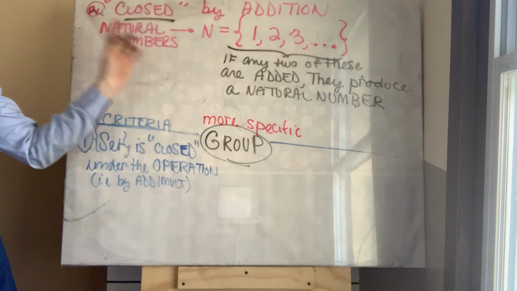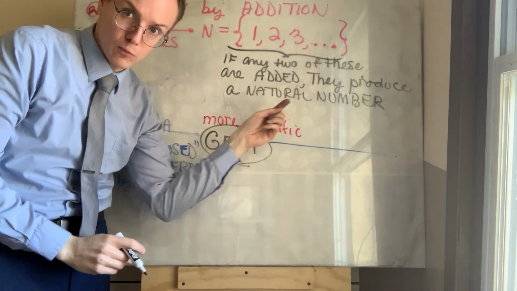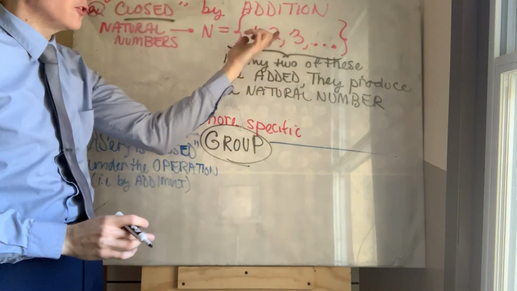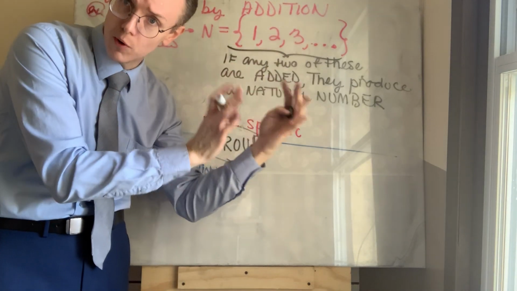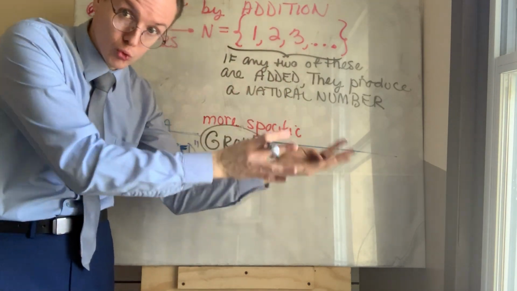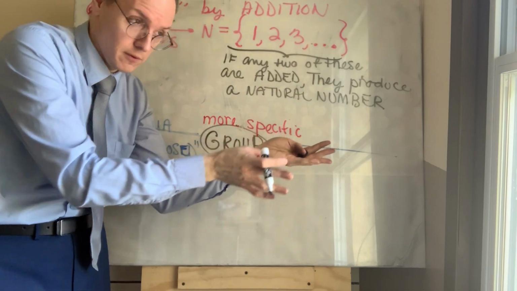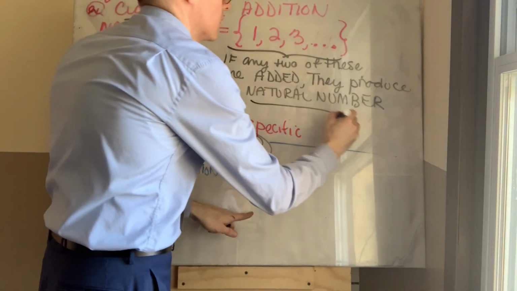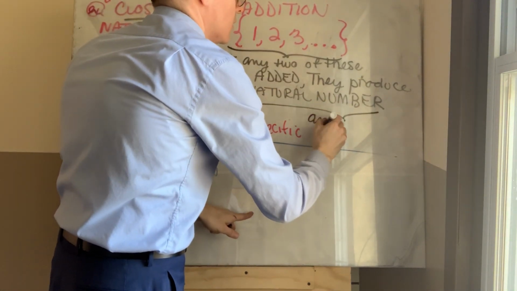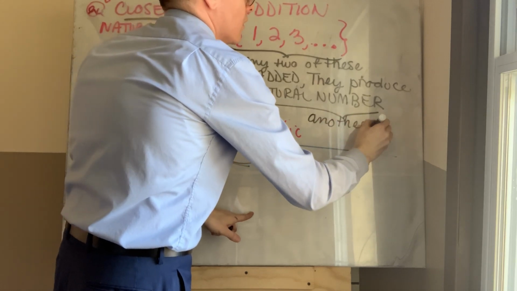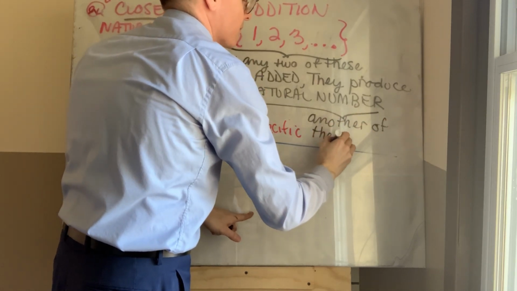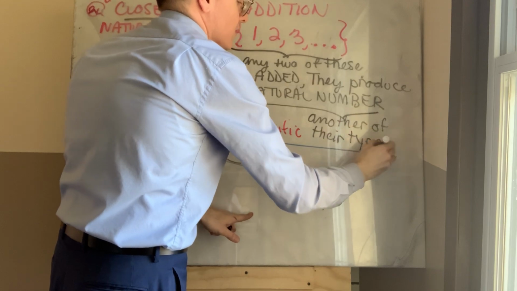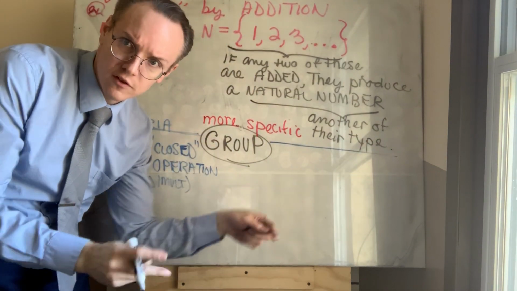You are closed by a specific operation within the set, if you involve any two of these together as part of some operation, and they just produce yet another one of their kind, another of their type, even if it's the same thing, then it's considered closed.